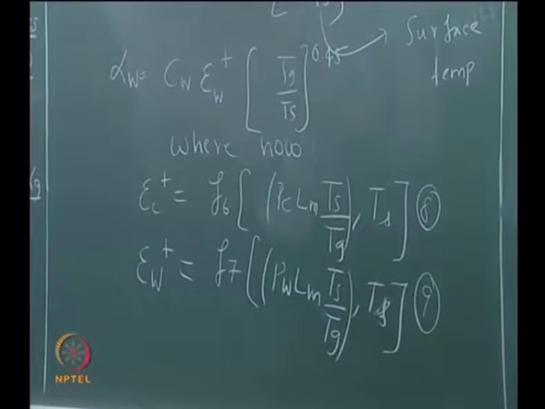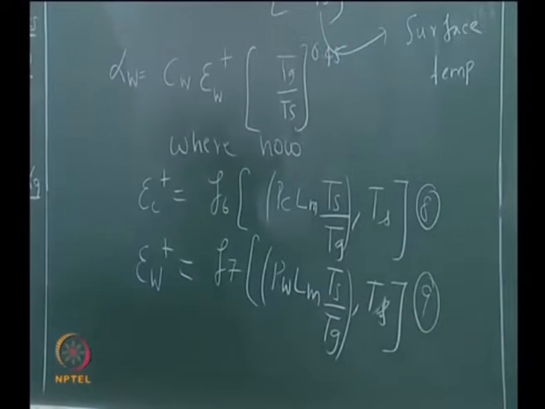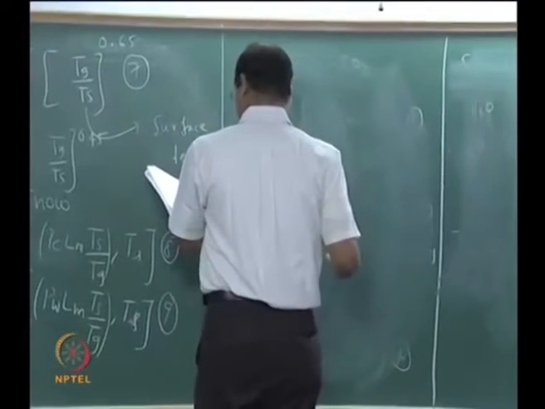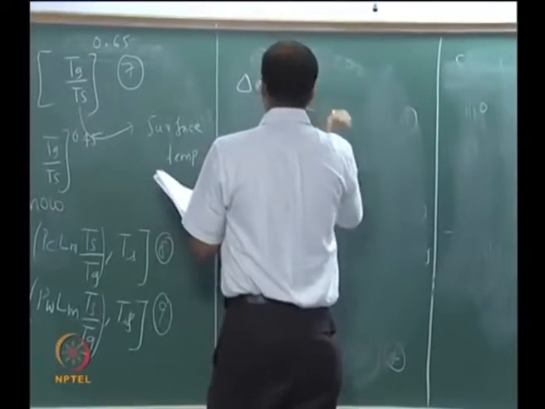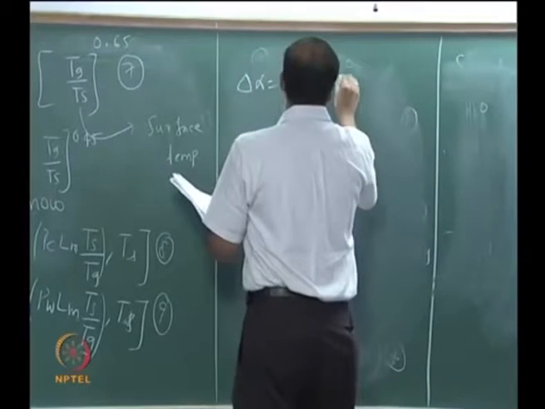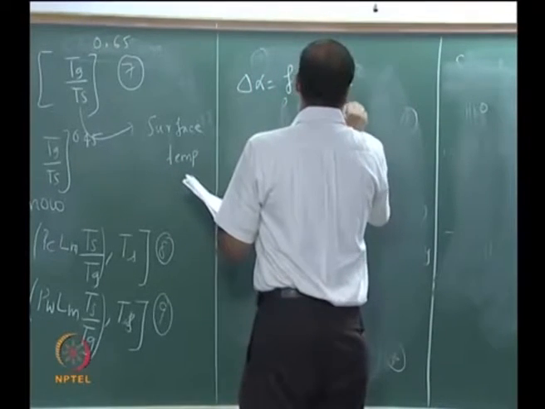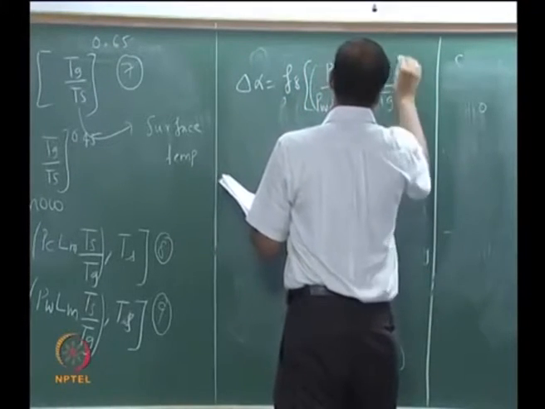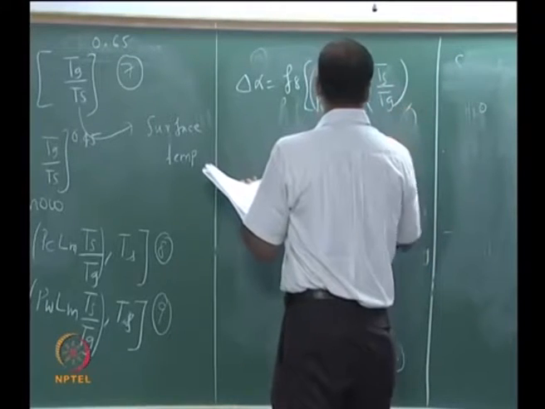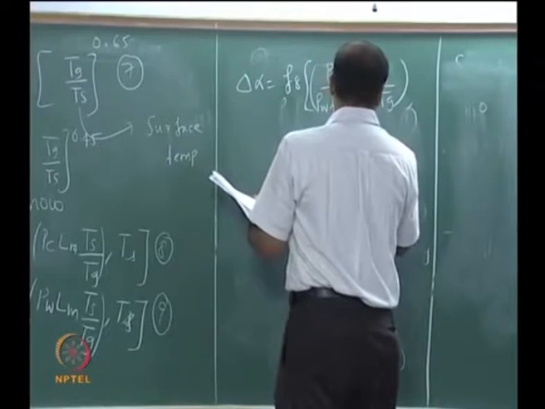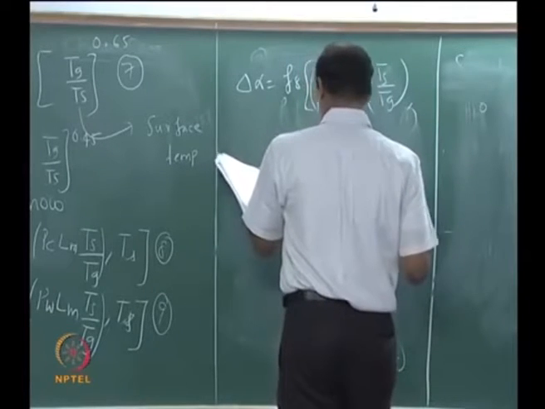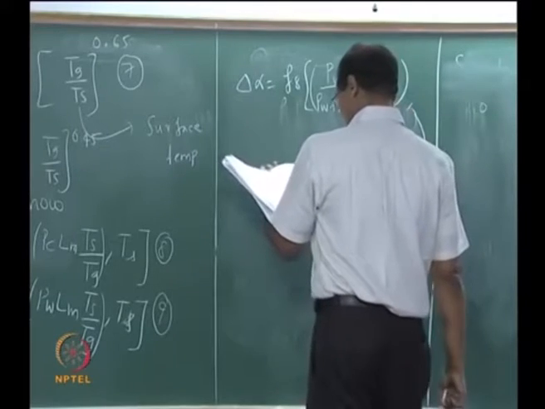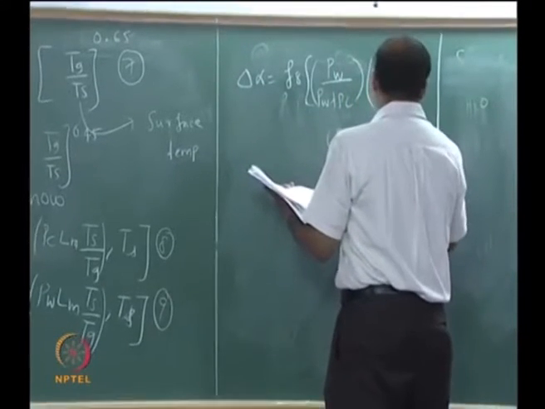And then finally we also have delta epsilon. Delta alpha. Delta alpha is a function of Lm.